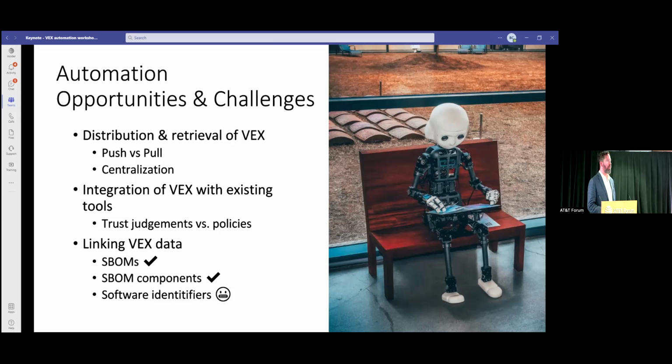We know that the solutions that have been tried in the past, such as a centralized database like CPE, are not really working. And we know that the problem isn't that we don't have any standards, it's that we have too many standards.